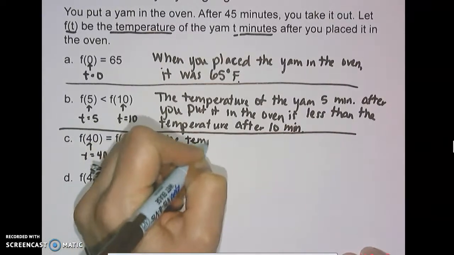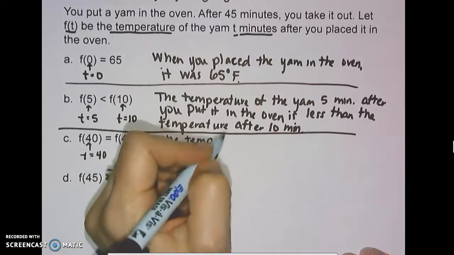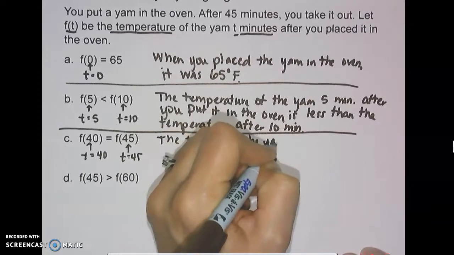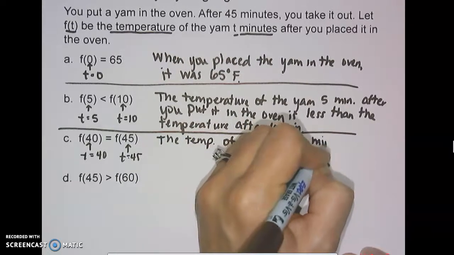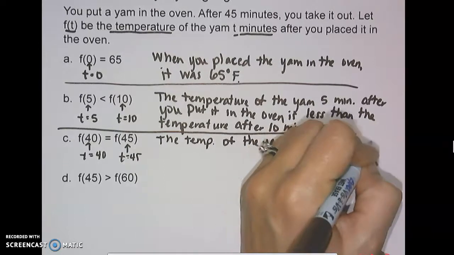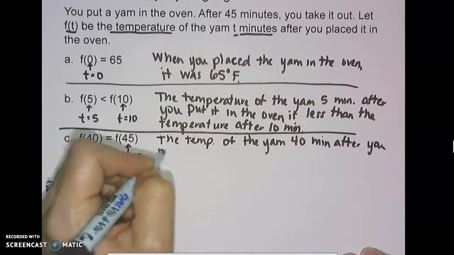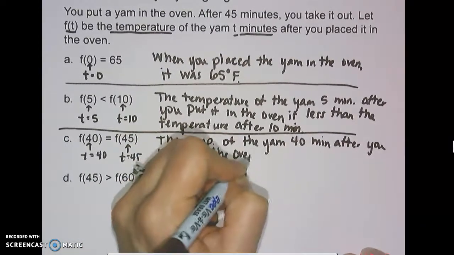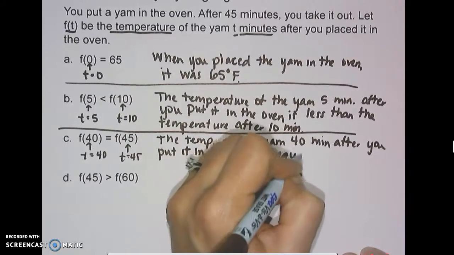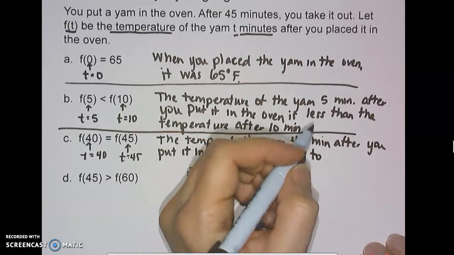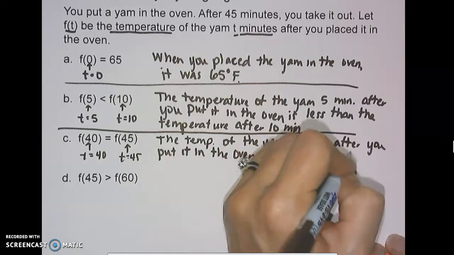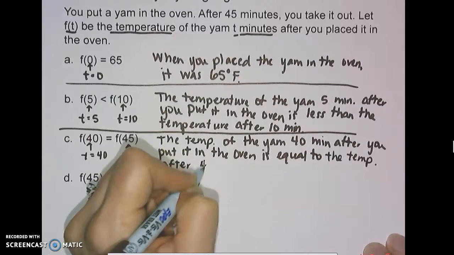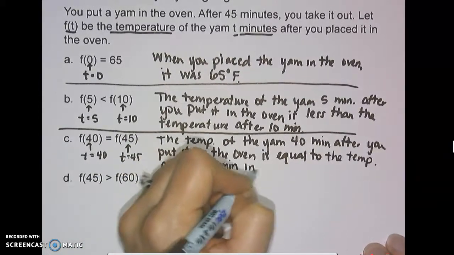the temperature, I'll abbreviate a little bit here, the temperature of the yam 40 minutes after you put it in the oven is equal to the temp after 45 minutes in the oven.